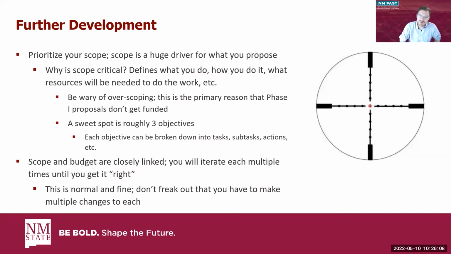You're going to look at this. You're going to go, okay, here's my budget. Here's what I've scoped out. That was a little bit too much. Let me go back here. Everybody does this. So don't freak out that I put down my scope and man, it was just way over budget, way over scoped for this phase one. I just don't know how I'm going to move forward. You haven't submitted it yet.